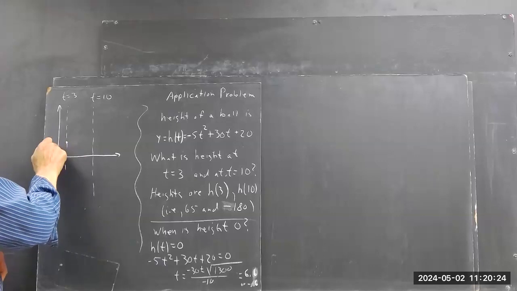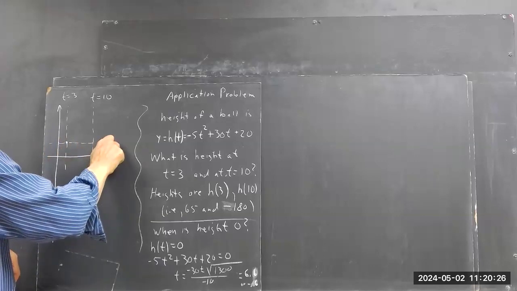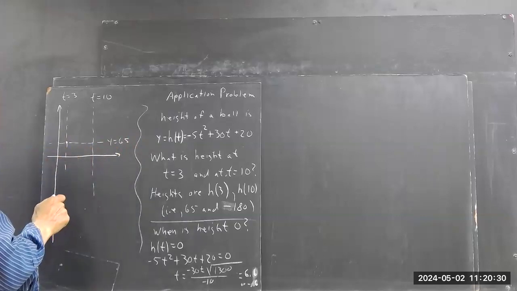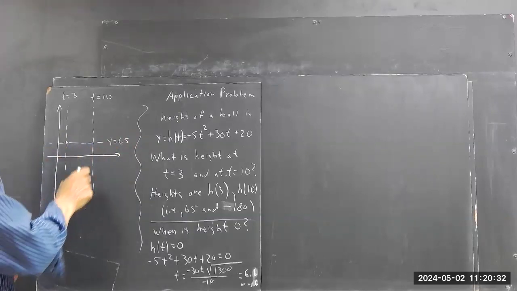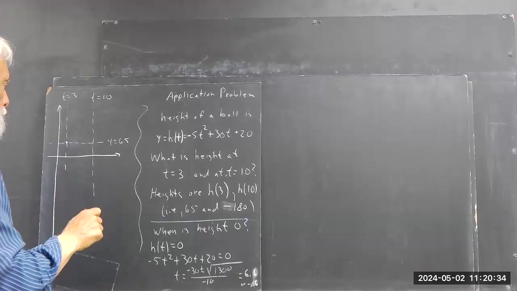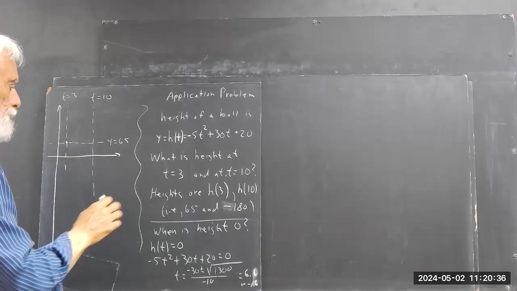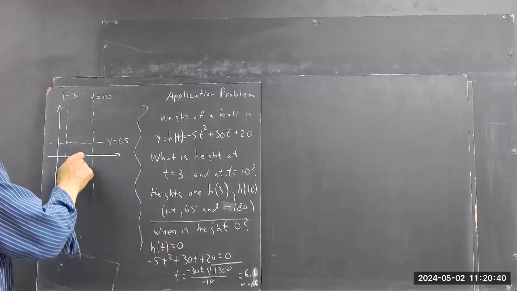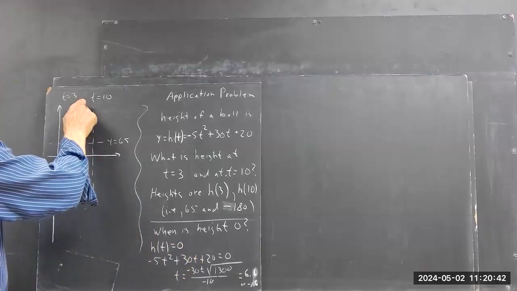And let's say y equals 65 here. So we have this point. And y equals 0, of course, when the height is 0, and that occurs at about 6.6 seconds.